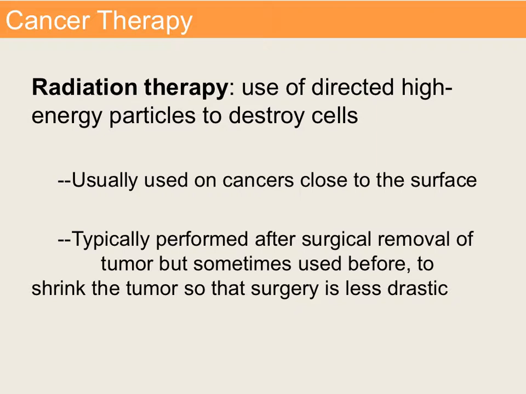Now, the thing is, if there are mutations in the tumor suppressor system, and that's why there's an initial cancer, because it wasn't initially destroyed by the immune system, then usually radiation therapy will not work.